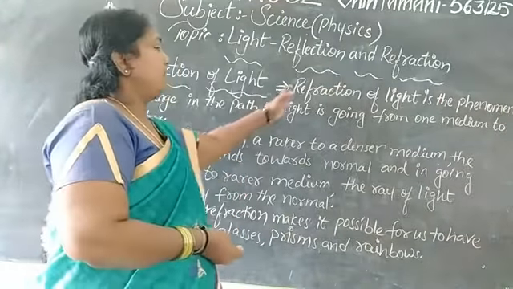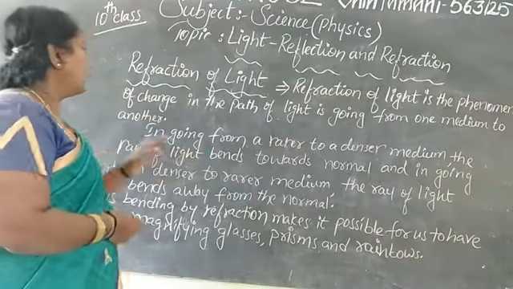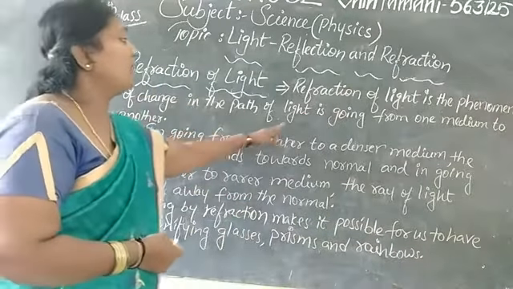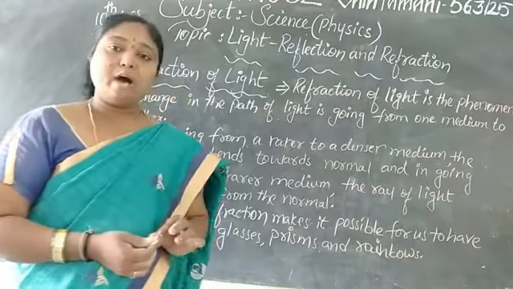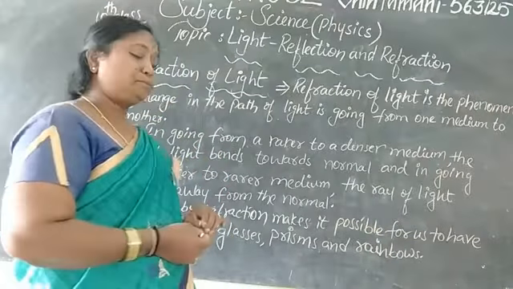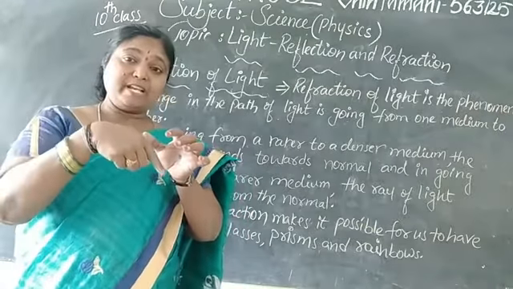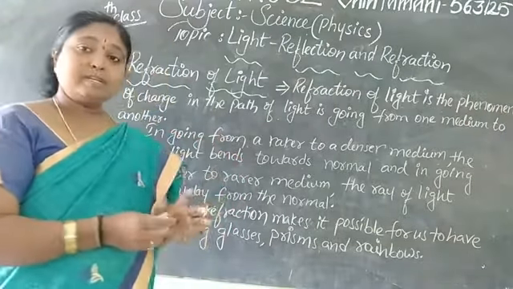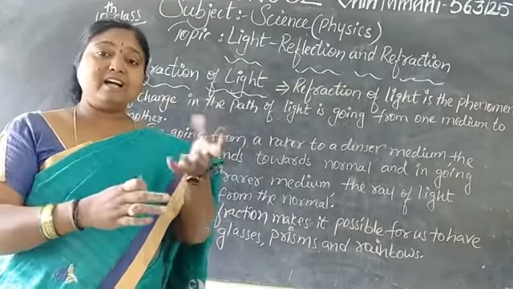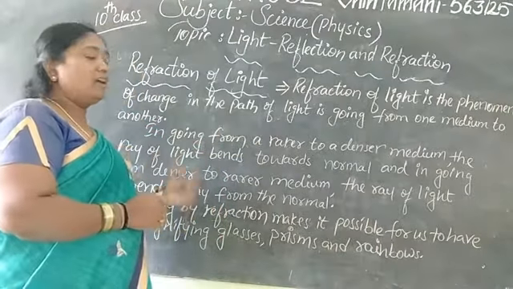Refraction of light is the phenomenon of change in the path of light when it goes from one medium to another. So what will happen when it goes from one medium to another? It changes the path of the light.